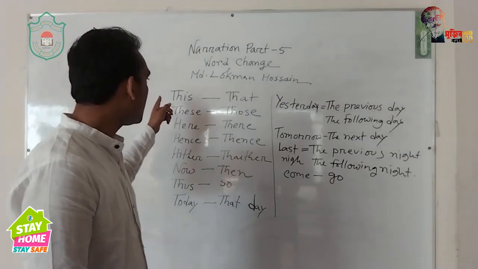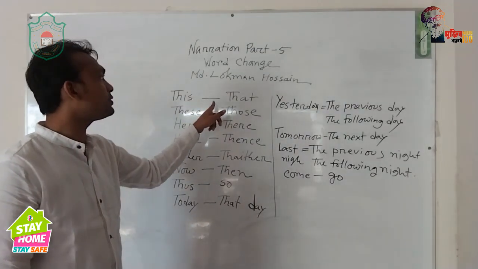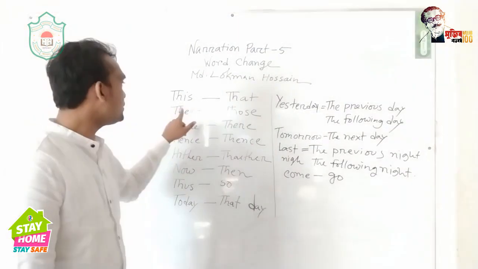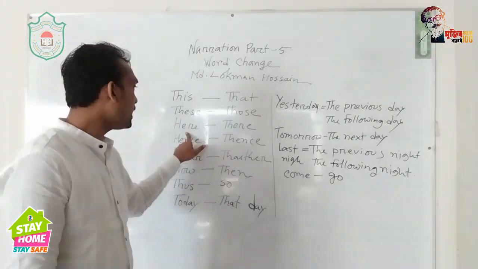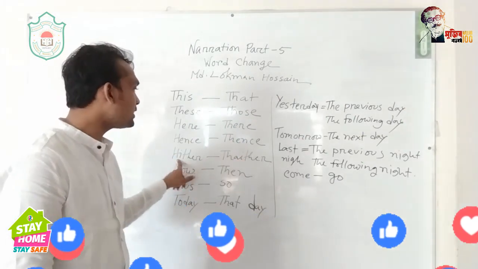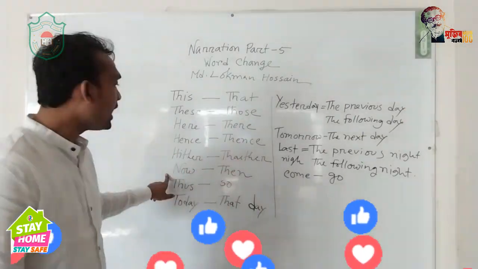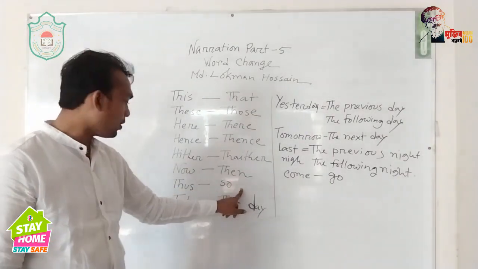If it is this, then it will be that. If it is these, then you will use those. Here, then there. Hence, then thence. Now, then then. Thus, then so.